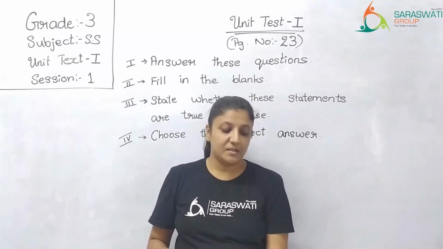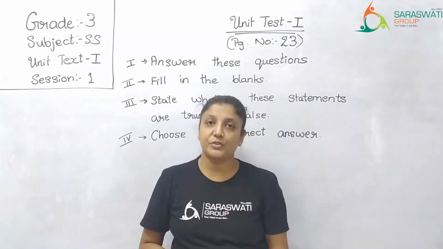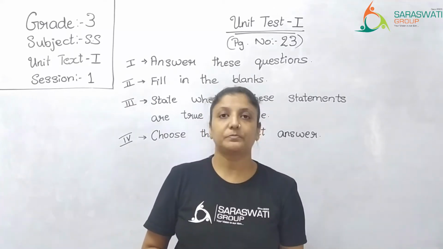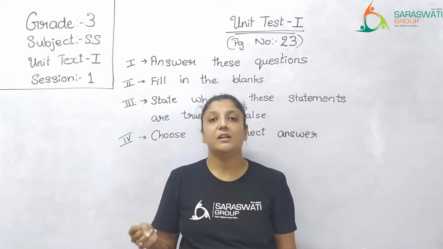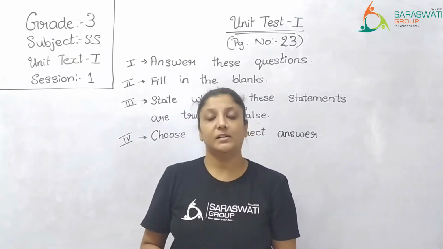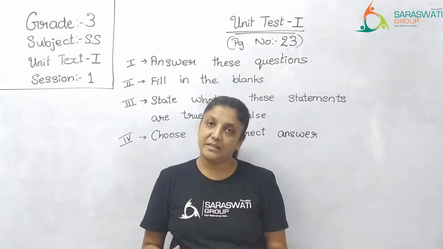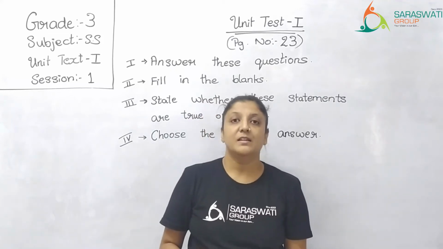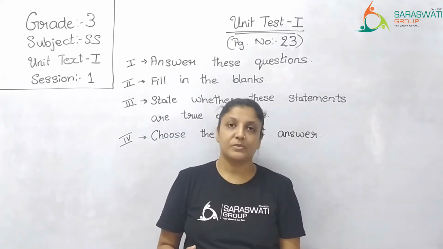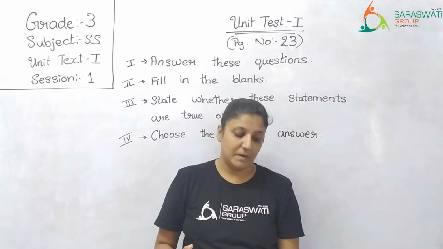So the answer is, the 8 planets of the solar system are Mercury, Venus, Earth, Mars, Jupiter, Saturn, Uranus and Neptune. So these are the 8 planets.